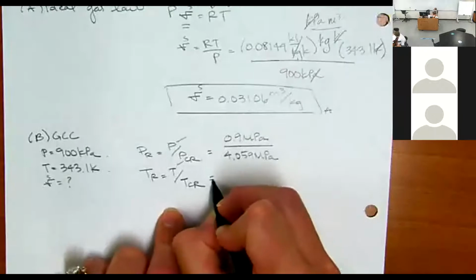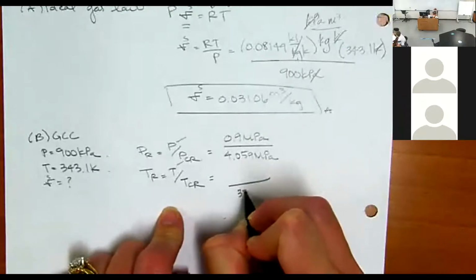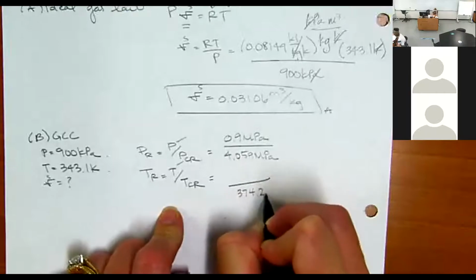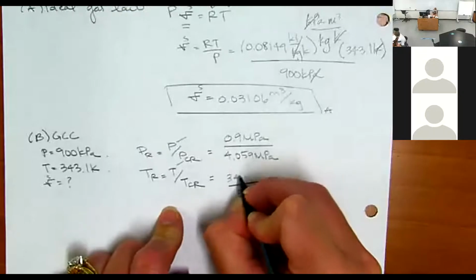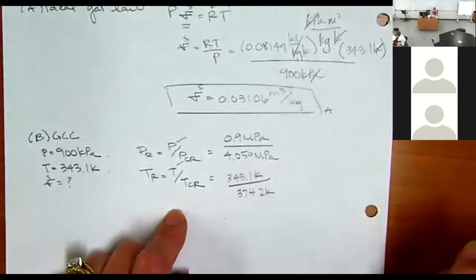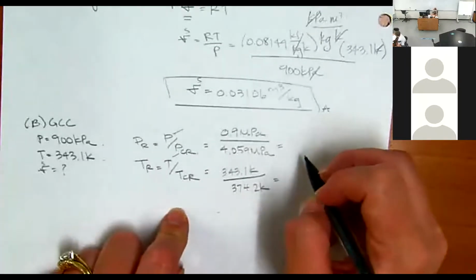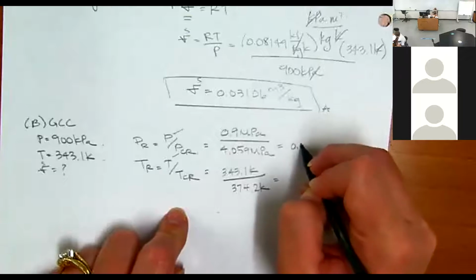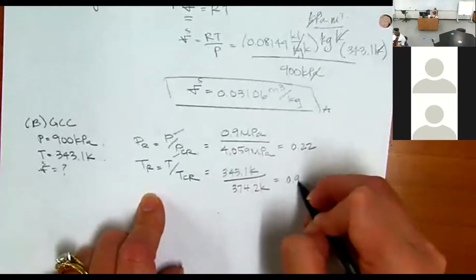My critical point temperature is what I was trying to write earlier because I was getting confused in my notes, 374.2 Kelvin. And I know the temperature of my system is 343.1 Kelvin. So now I know my pressure reduced is 0.22, I believe. And my temperature reduced is 0.92.